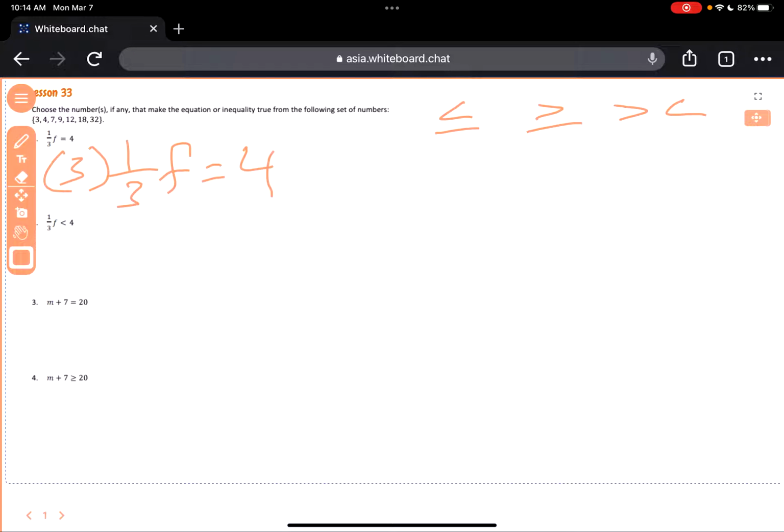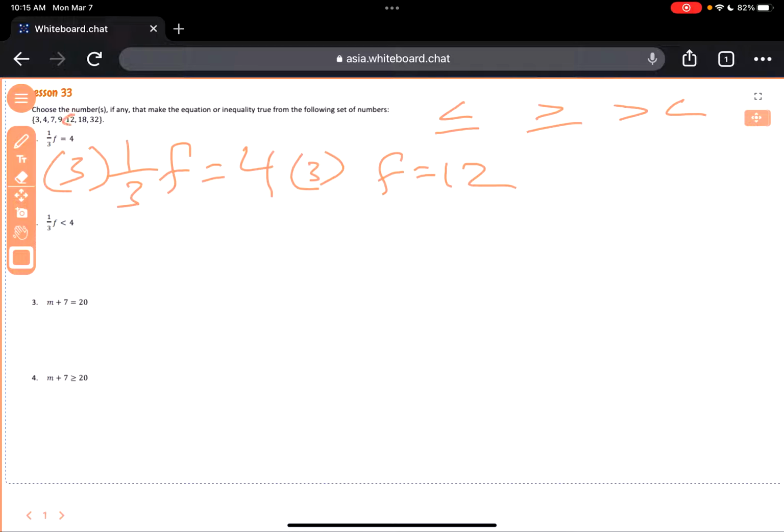If you have a third 3 times, what do you have? 1. And that's what we want to get to. We want F to be by itself. We want 1F. So if we multiply that side by 3, we will multiply this side by 3, and we get F equals 12.